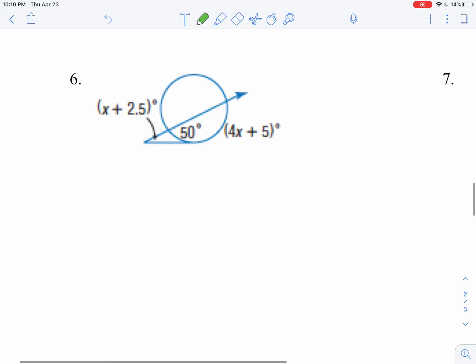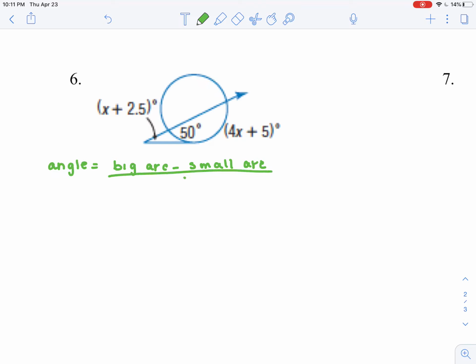Question number 6. Here we have a tangent and a secant that intersect outside of the circle. So I'm going to use that same formula. The measure of the angle created is equal to the big arc minus the small arc divided by 2.